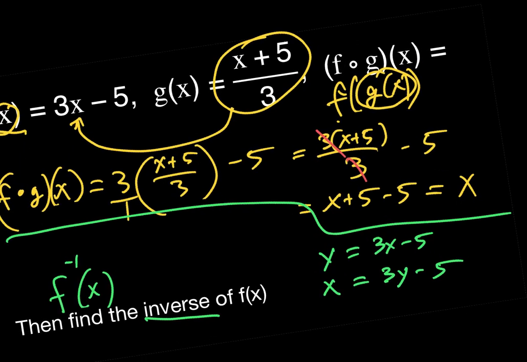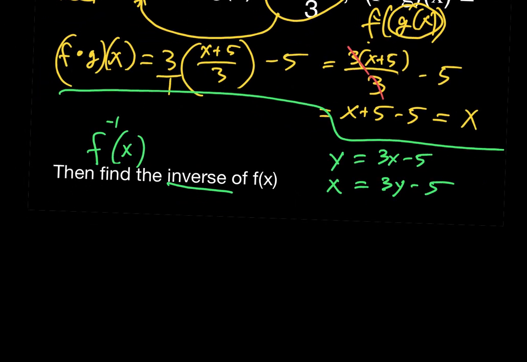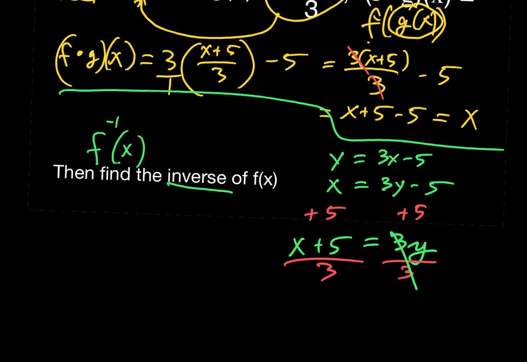And then solve for y. Going to add 5 to both sides. x plus 5 equals 3y. Divide by 3. 3's reduce. y equals x plus 5 over 3.